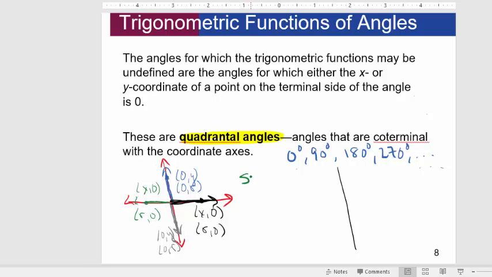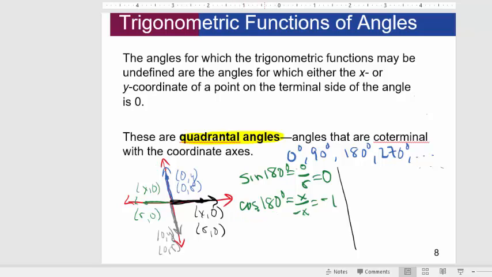So the sine of 180 degrees, sine is y over r, but here y is 0, so it's just 0 over r, so that's 0. But now the cosine of 180 degrees: x is a negative value, so really we went left. r is not really equal to x, it's really equal to negative x. So what we have is x over negative x, which is negative 1.